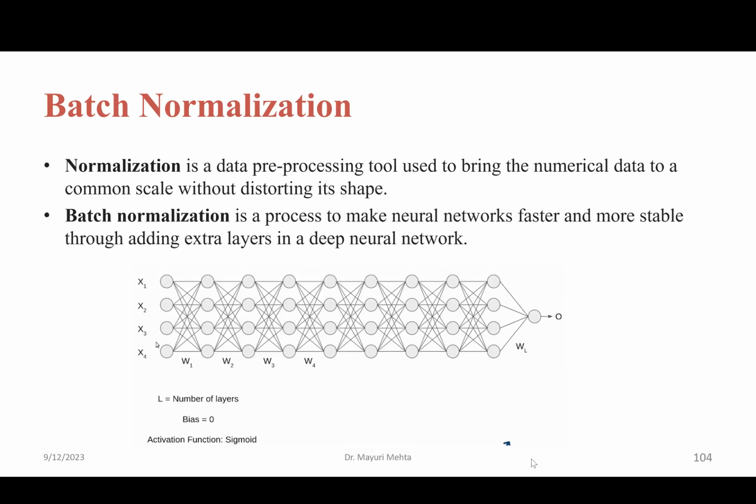Initially our inputs to this neural network are represented as X1, X2, X3, and X4. Now listen carefully. Our initial inputs X1, X2, X3, X4 are normalized. I don't know whether I discussed the data science pipeline in our initial lectures, but if I have not, let me tell you the major steps.